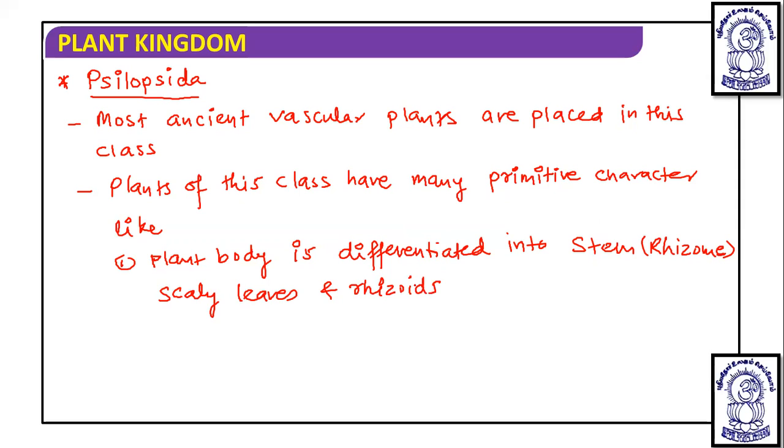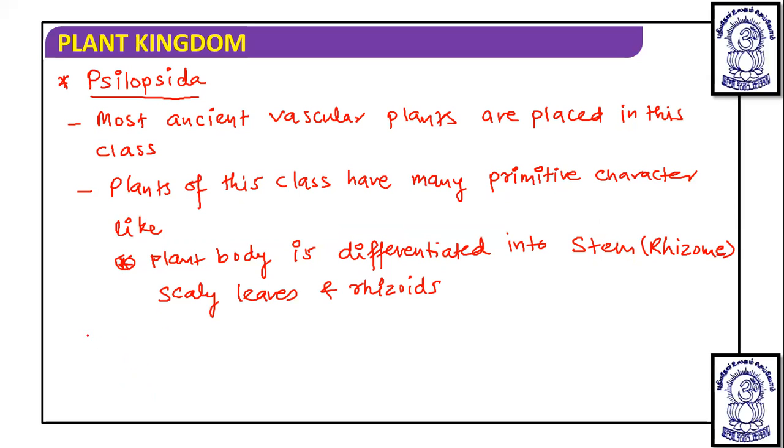Okay, so the root-like structures are rhizoids, the leaf-like structures are the scaly leaves, and the stem is a rhizome, and that is one particular important characteristic of this group.